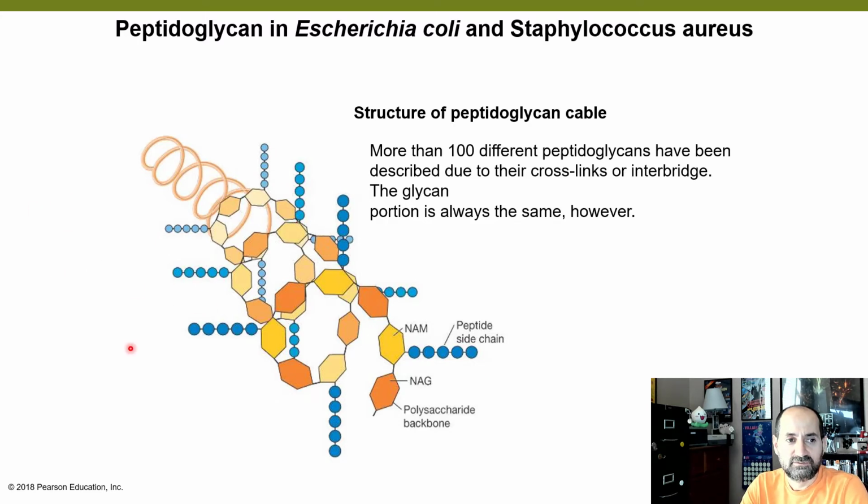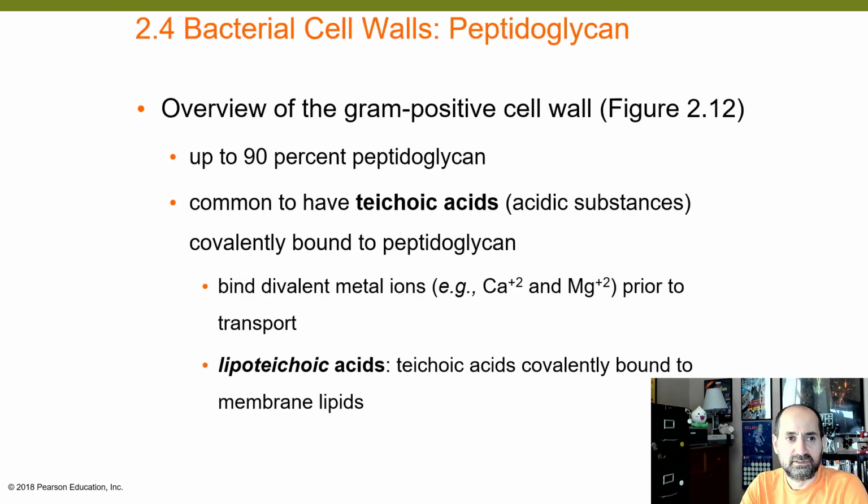So you can imagine if there's another adjacent helical strand right here of peptidoglycan, these tails could then bond to one another with peptide bonds. They could bond to one another either with a direct bond in gram negatives or with an interbridge, a glycine interbridge, with the gram positives.